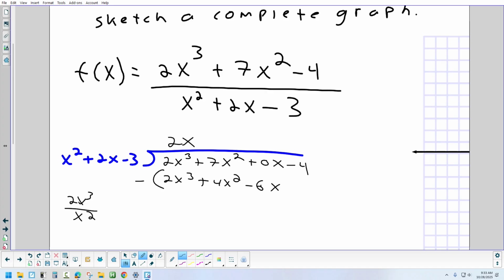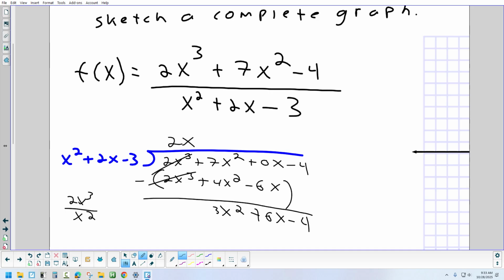Subtract. 2x cubed minus 2x cubed is gone. Travis, 7x squared minus 4x squared. Can you finish off the last column for me as well? 6x. Perfect. Plus 6x.